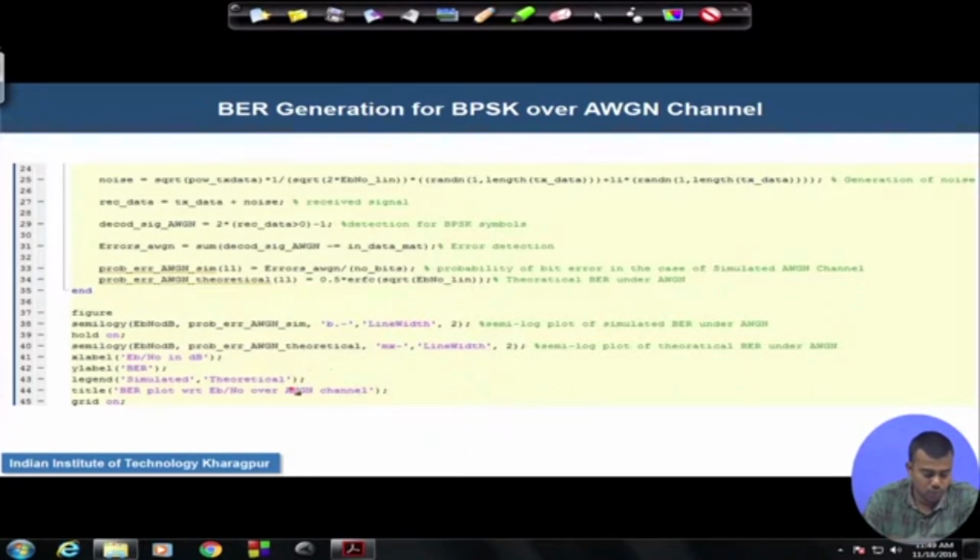Generally, if you don't mention the position of the legend, it will be in the northeast corner. It will mention what you have plotted. Here I am plotting simulated and theoretical probability of errors that will be listed with respect to color in the legend box. Then you have to mention the title. Then in order to turn the grid on, you have to give the grid on command.